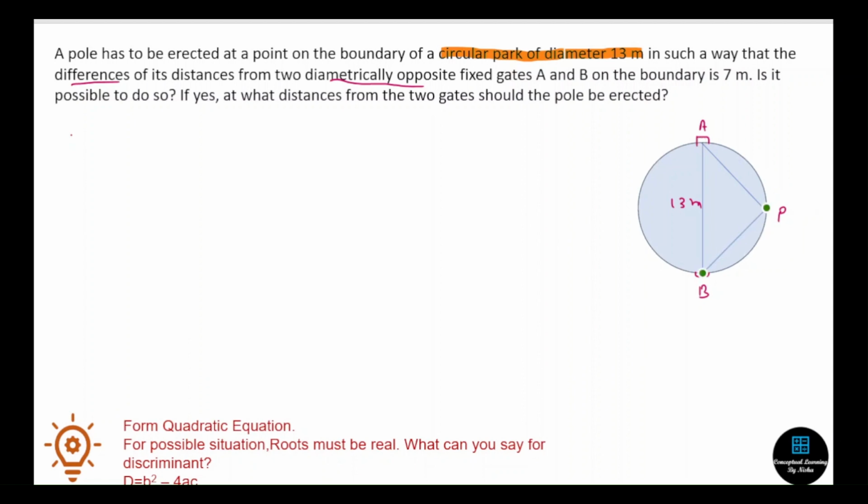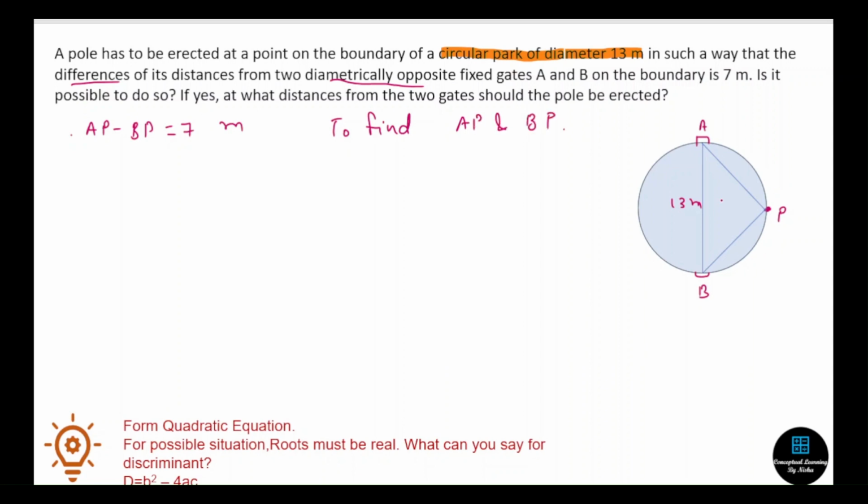Okay, so they are saying that this distance, AP minus BP, is equal to 7 meter, and we have to find them. Okay, we have to find AP and BP.